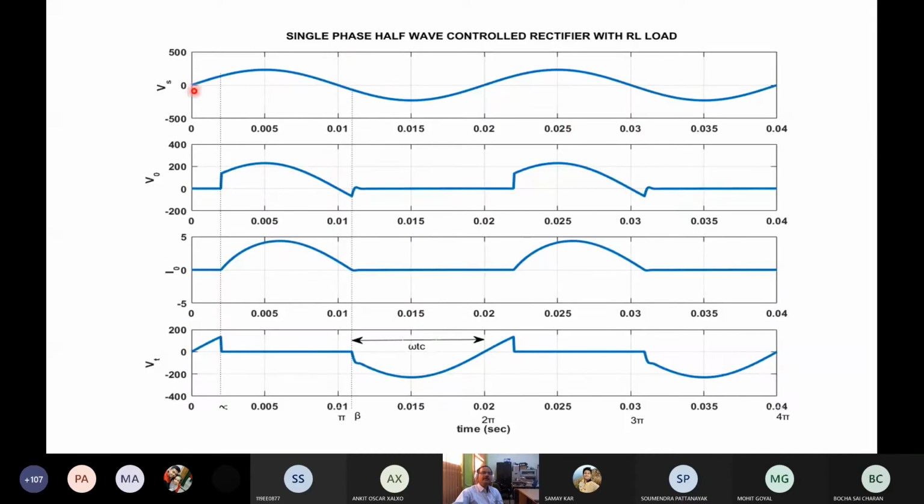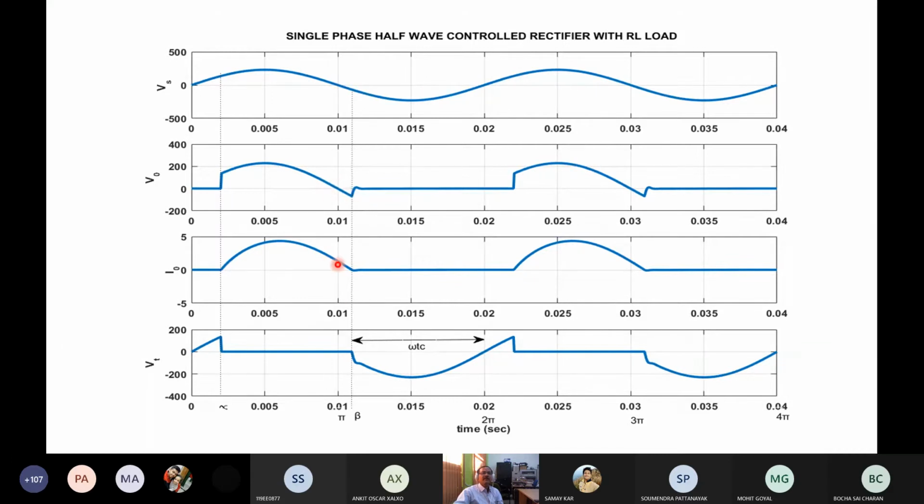Here at alpha we trigger the thyristor. Okay, it is short circuited. It conducts, and at pi the voltage starts reversing, but current is not 0 here. At pi it is not shown here properly. Okay, at pi current is not 0.